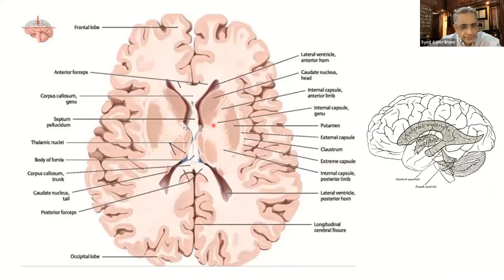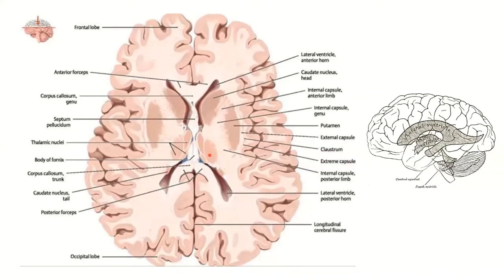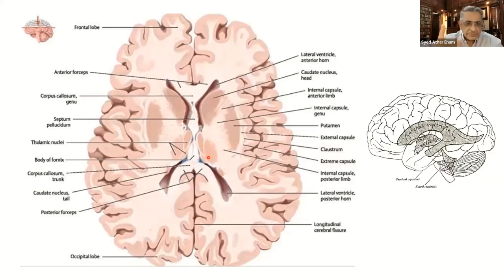And this genu of the internal capsule, we can damage it if we are retracting it. Many times we approach through here going to the foramen of Monro. We put a retractor over here, although we put a patty and things like that, but still we can damage things over here. So be aware of that. Further, as we go down and behind, we see the thalamus over here, and part of the thalamus also into the third ventricle.